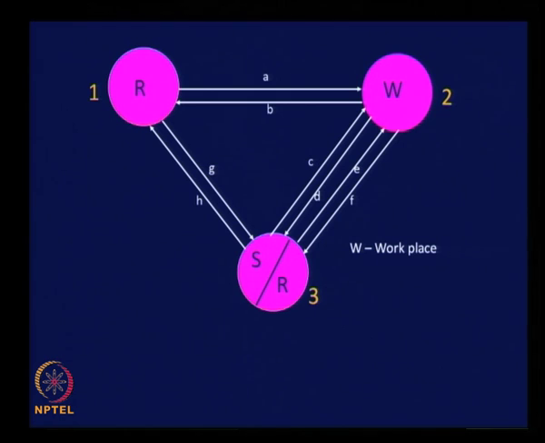You can see now zone 2 is completely work zone, no other land use activity, it is just a workplace, maybe a factory location or a location full of institutions and offices. And R stands for residential area. Zone 1 is completely residential zone, there is no other land use activity, whereas zone 3 you can see it is partly residential, and S stands for shopping.